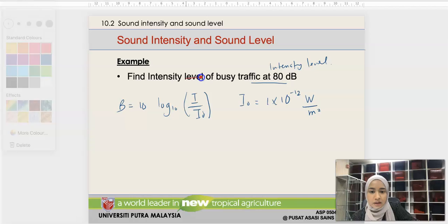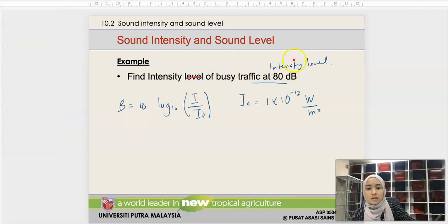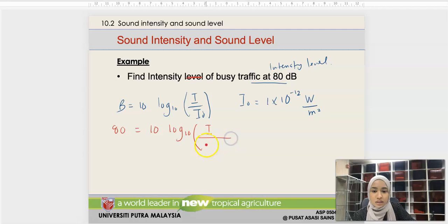Okay. So find the intensity of a busy traffic at 80 dB. Okay, so 80 is given. The beta is given as 80, and you have 10 here, log10. And then you want to find what is I. You know what I naught is, 1 times 10 to the minus 12. Okay? So what should you do?